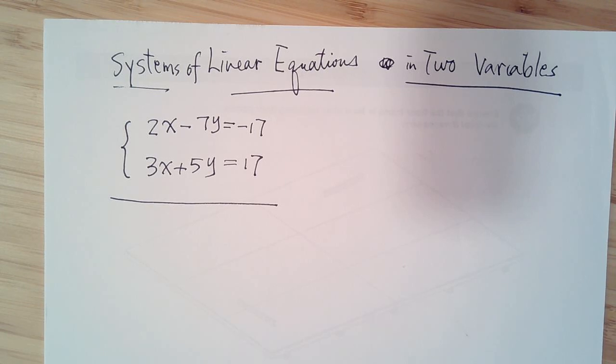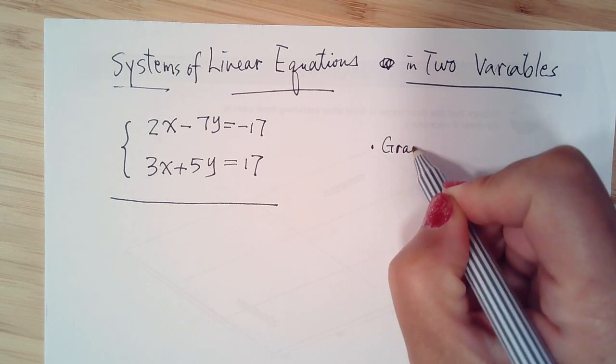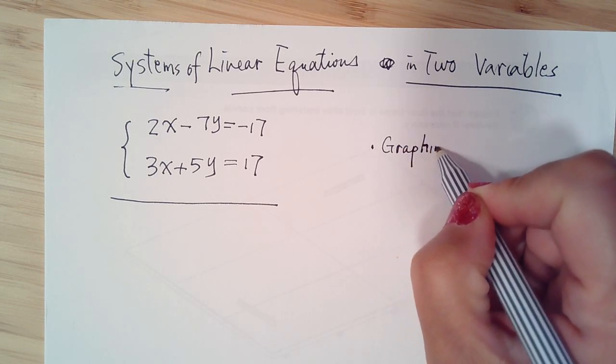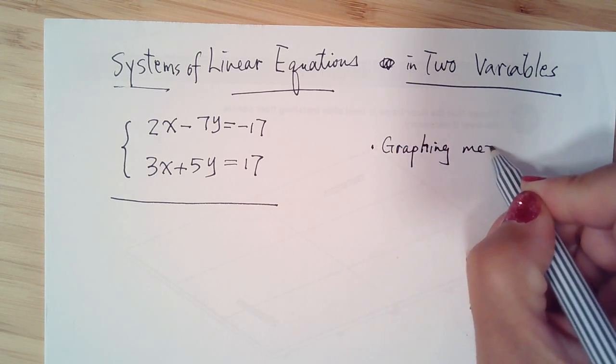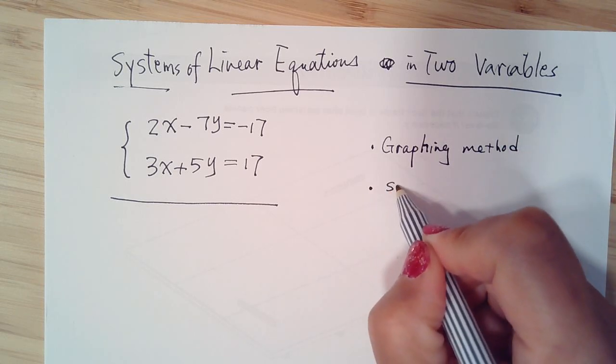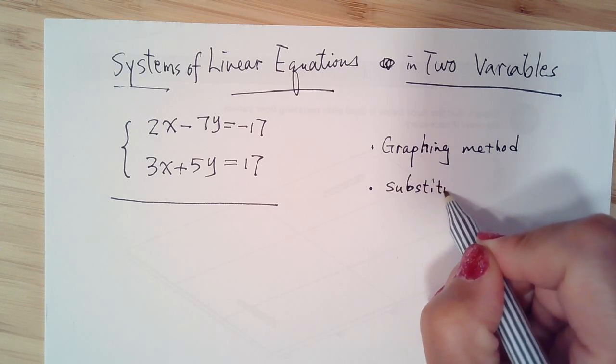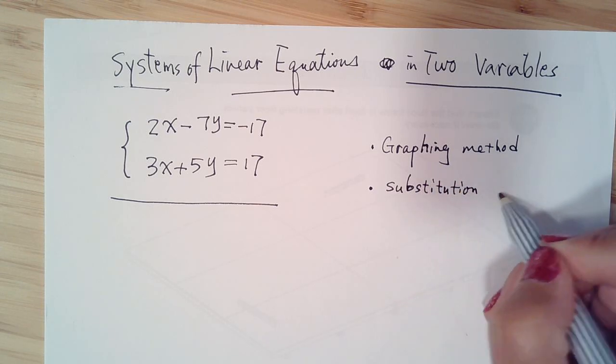Okay, there are three ways I'm going to teach you today how to do it. One is a graphical method, or we don't call that graphing method. I will do this later, but not many people use it. And the second one, we call this substitution method.